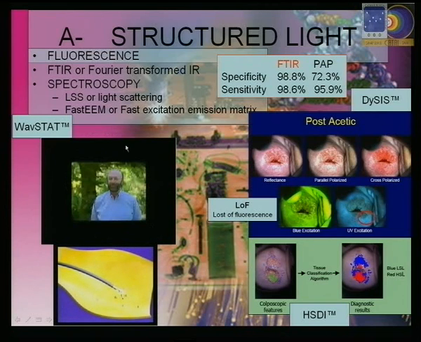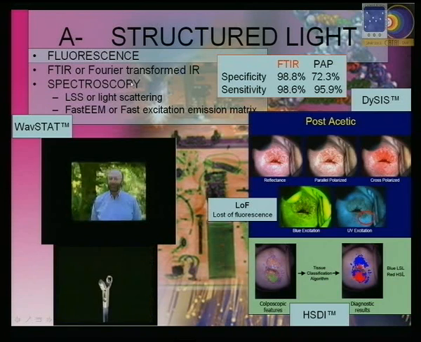Okay, this is, as I mentioned, a structured light, one of the techniques in order to get better resolution. And it's a structured light based on spectroscopy, so that means based on something which is not images.